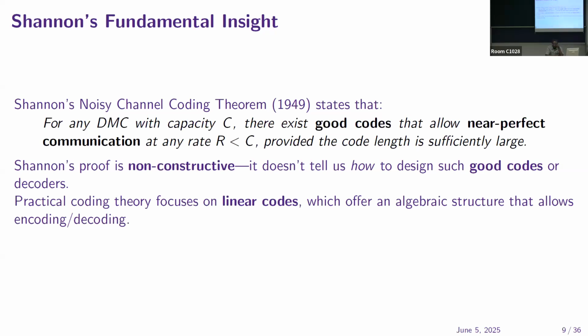We note that Shannon's proof is not constructive. It doesn't tell us how to design such good codes or decoders. Practical coding theory focuses on linear codes, which offer an algebraic structure that allows encoding and decoding.